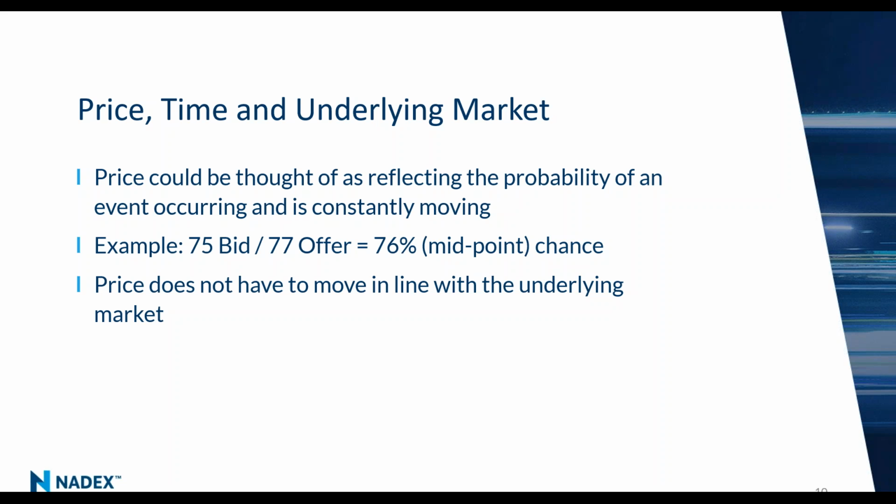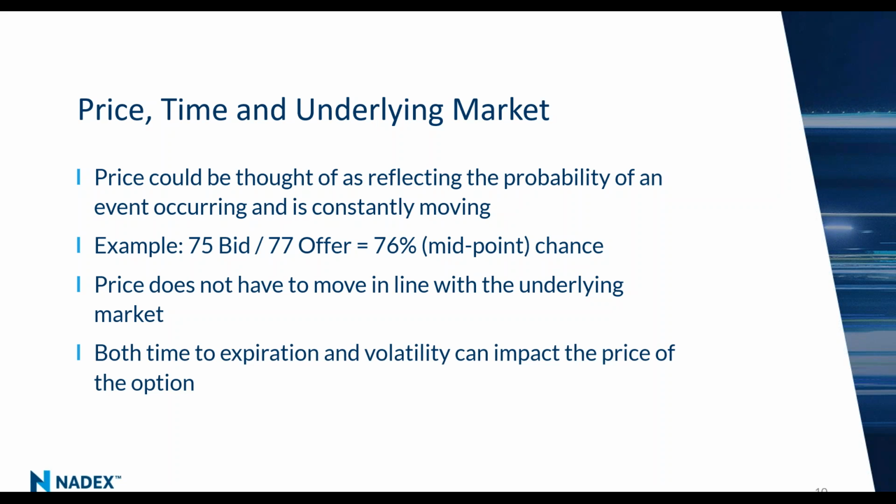Again, volatility is a component, and time is a component. So just because you buy one and the price of the underlying ticks up, it doesn't necessarily mean the price of the binary option will tick up. I'm going to show you this very clearly. The timed expiration and the volatility of the underlying can impact the price of the option. I just wanted to be clear on that.